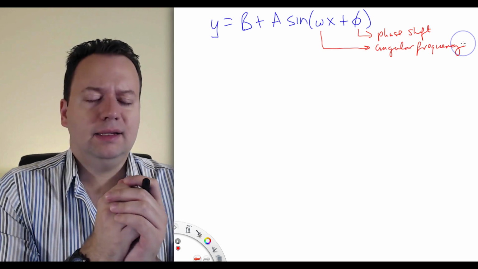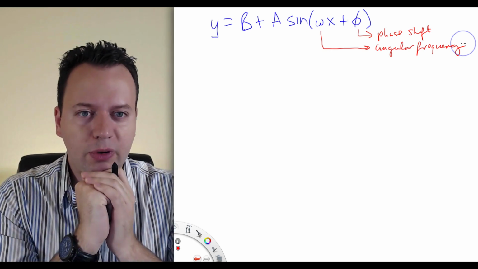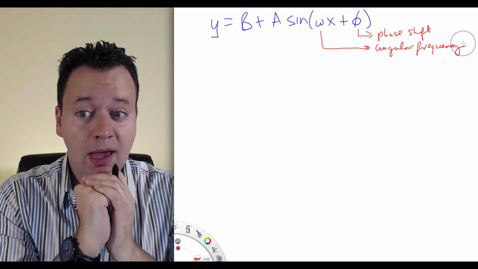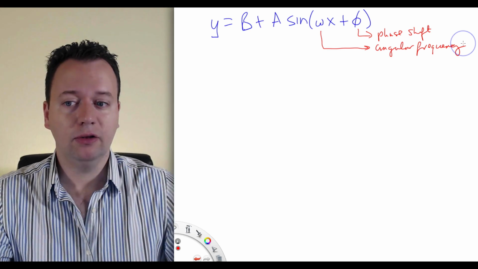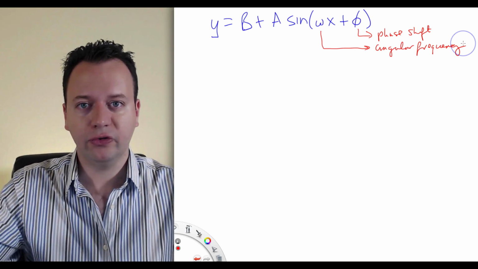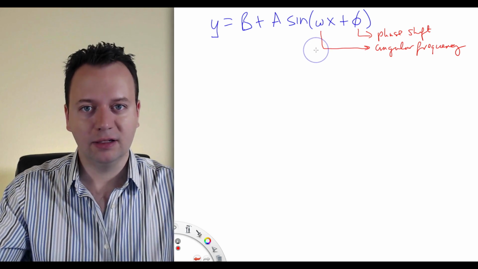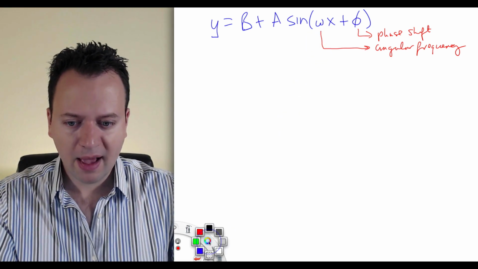Suppose that x represents time, so it has units of seconds. In that case, omega would literally be radians per second. That's why they call it the angular frequency. It tells you how many radians of a circle you traverse each second in time. Or if x is length, it tells you how many radians of the circle you traverse for each meter in space.